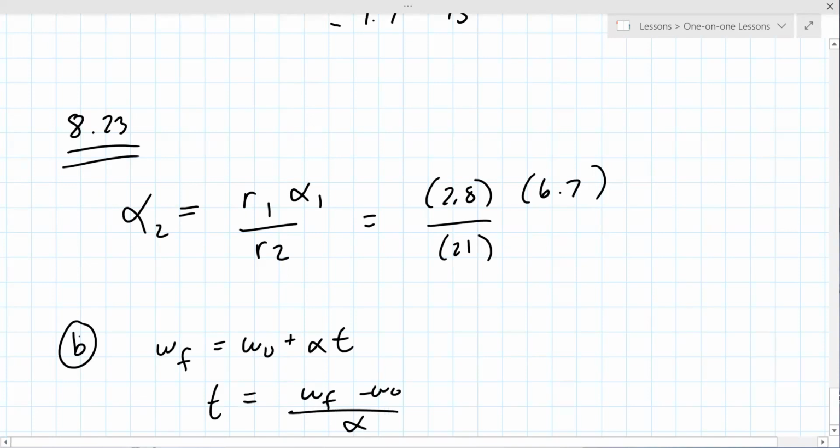All right, what do we have? What do we not have? We have 75 revolutions per minute, so we're going to convert. Omega final is 75 times 2 pi over 60.